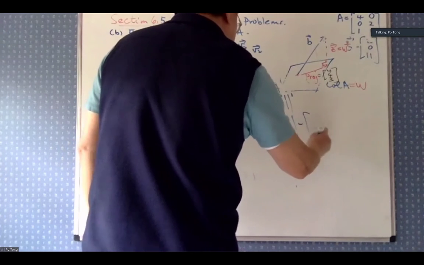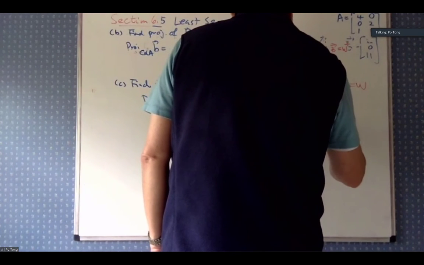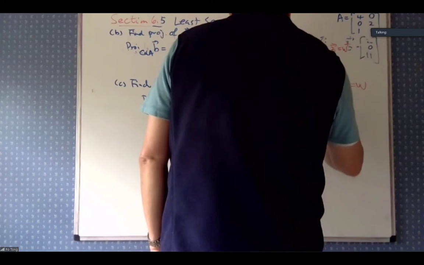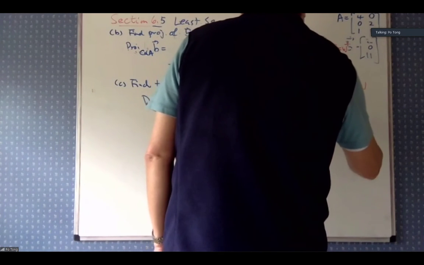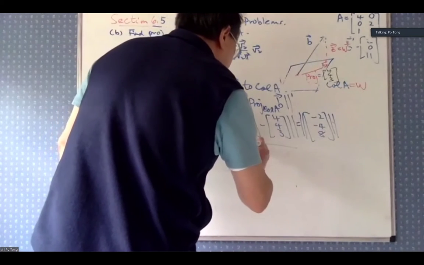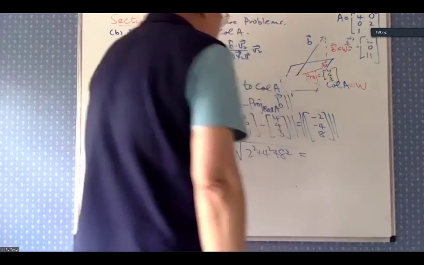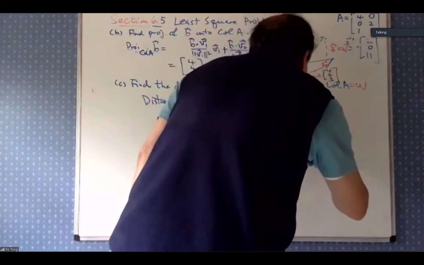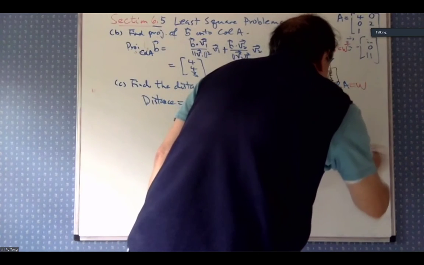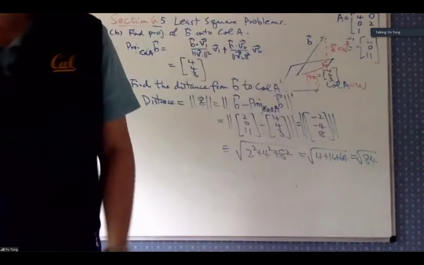What is it equal to? Minus 2, minus 4, and 8. And I want the norm of this, which is the square root of 2 squared plus 4 squared plus 8 squared. Square root of 84.